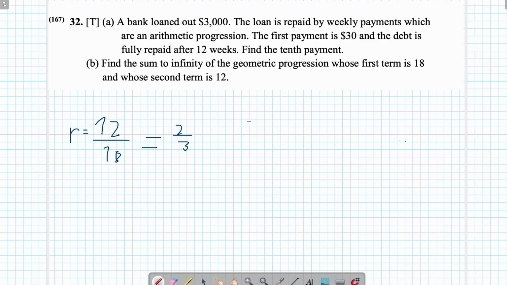And then you do g1 over 1 minus r, so 18 over 1 minus 2 over 3. Plug this into the calculator. You get 54.